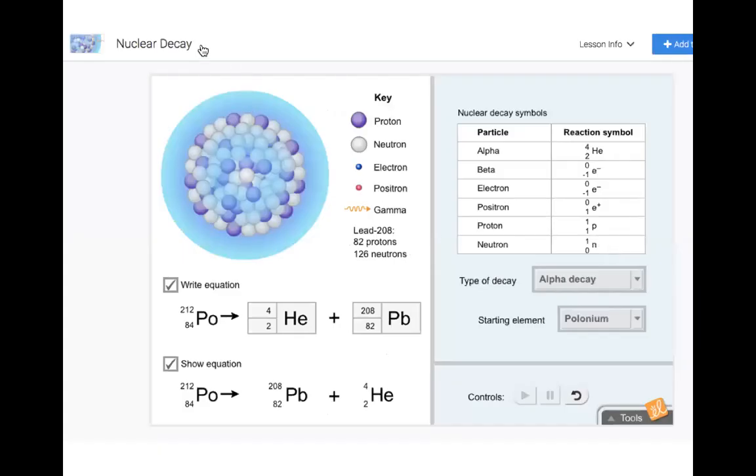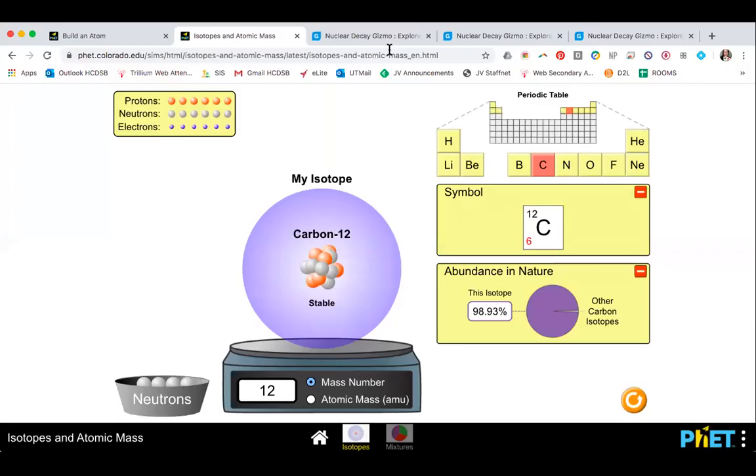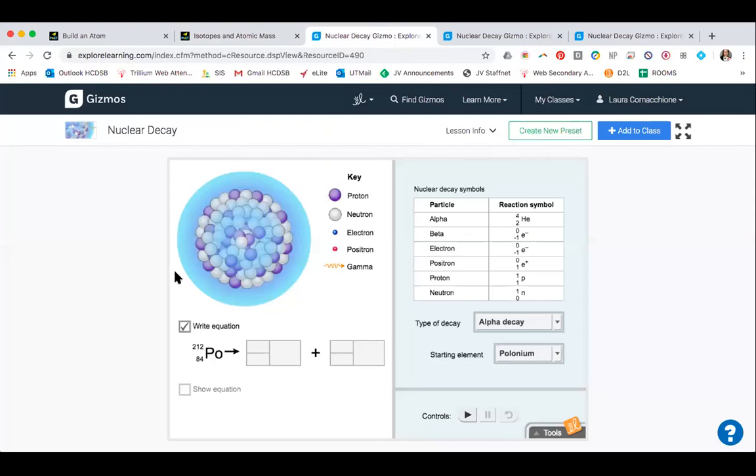Let's go to our Gizmo and see that in action. I like to set up writing. I click write equation, click alpha decay, and choose polonium.